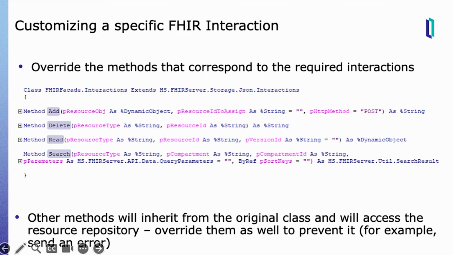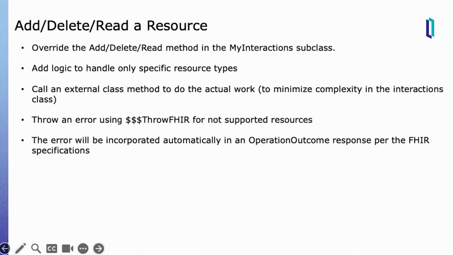Read, meaning get information of a specific resource, and search for specific resources, okay? And you can override it and implement the logic for all the resources you might want to support, or just a specific resource. Okay, and we'll see later on how we change the capability statement for the resources you've just created. Okay, but this is the sample I'm going to show you.